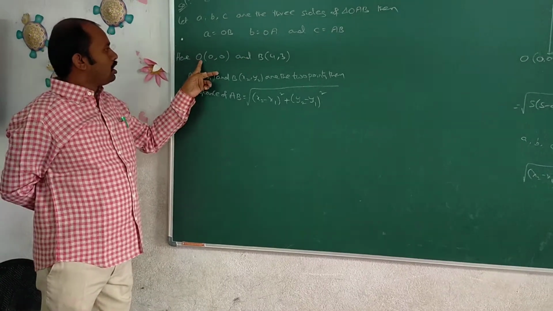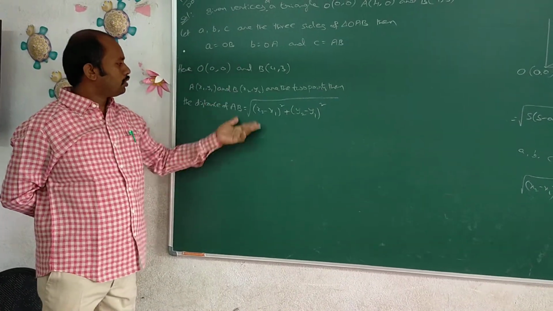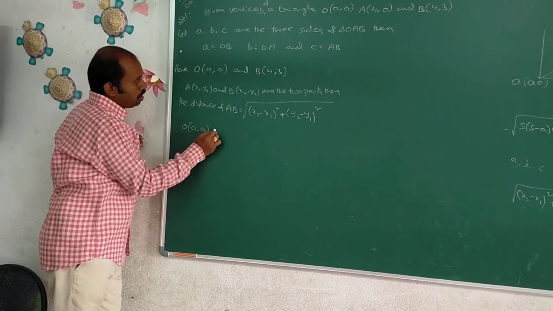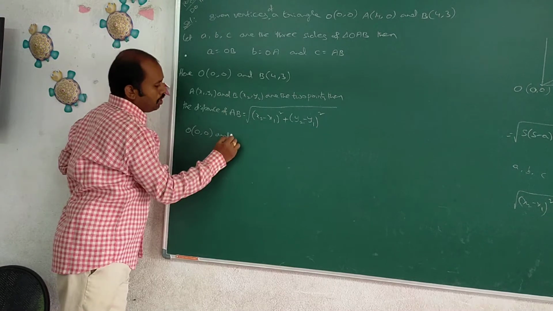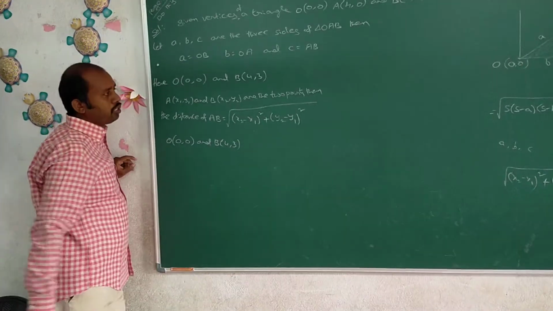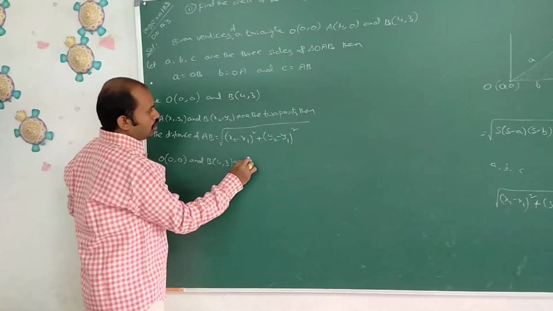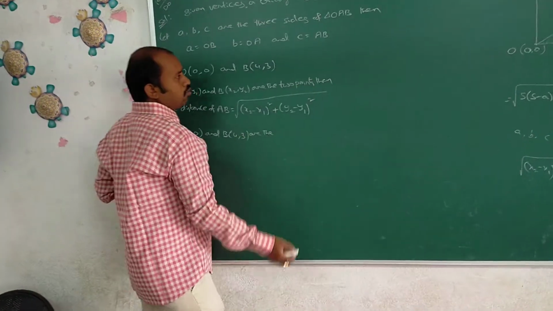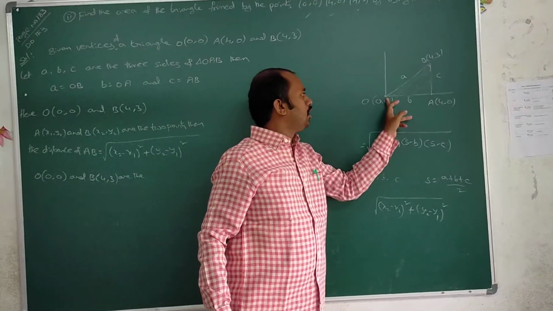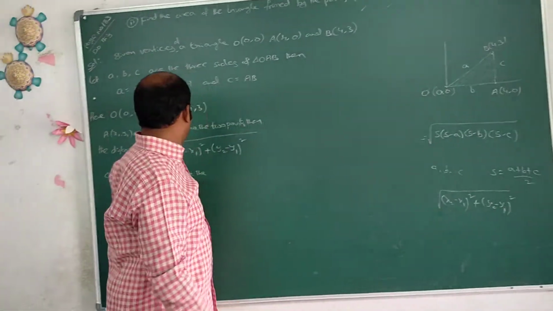Here the first point is origin, the second point is B. Now substitute. The first point is origin 0, 0 and the second point B is 4, 3. These are the two points, origin and B. These are the vertices of a triangle.